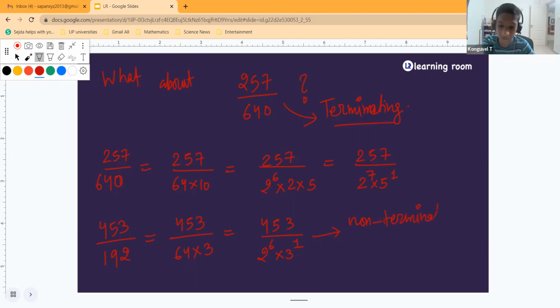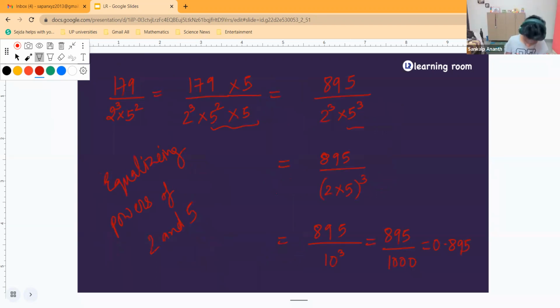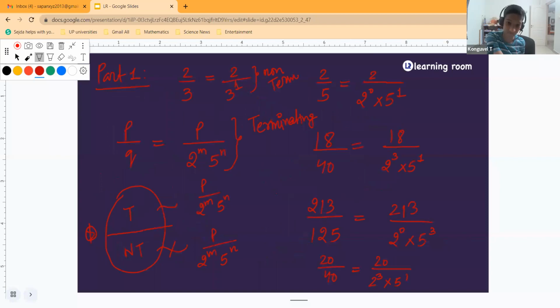Sir, can you go to the previous slide once? Sure. Or the one before this, sir. Okay, so if the denominator ends in 0 or 5, only then it's terminating? Not necessary, sir, because 5 into anything will only end in 0 or 5.